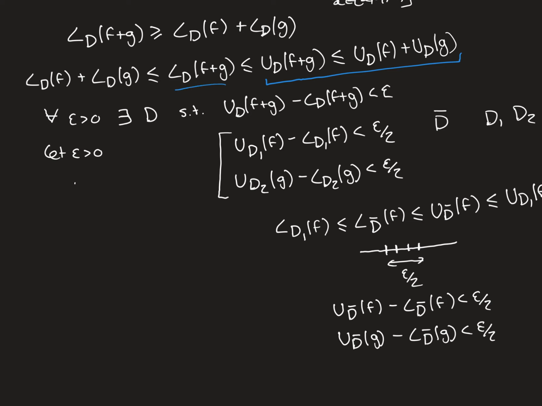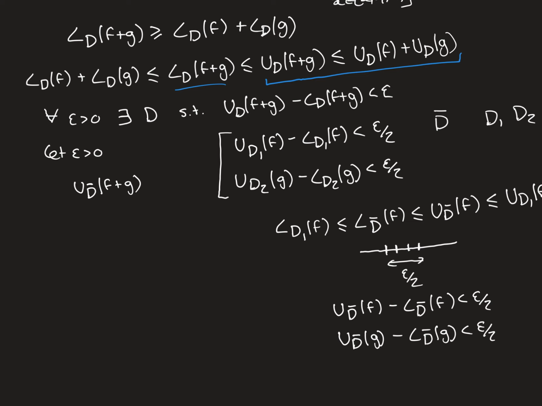And that will give us the upper Riemann sum of f plus g. Oh, and by the way, we're doing this now all over d bar. So this great big four-part inequality here held true no matter what dissection you have. So in particular, it holds true for our common refined dissection d bar.